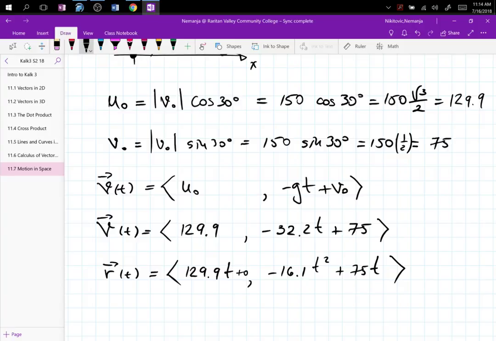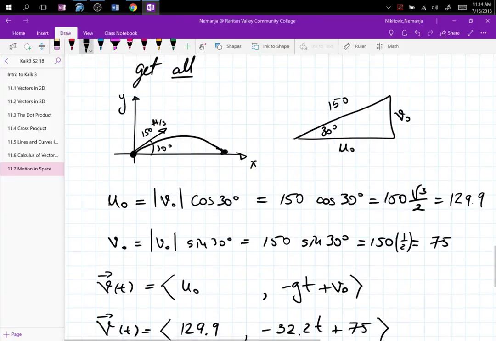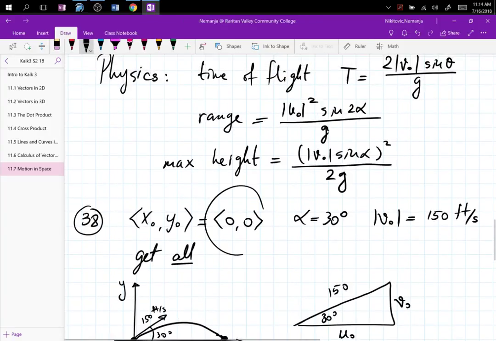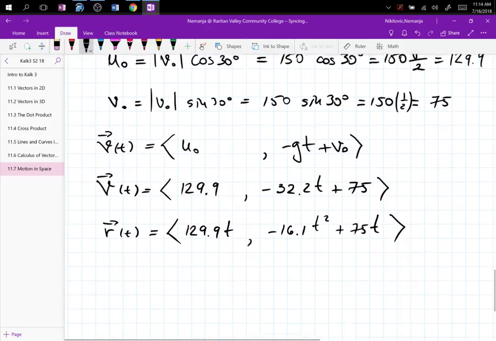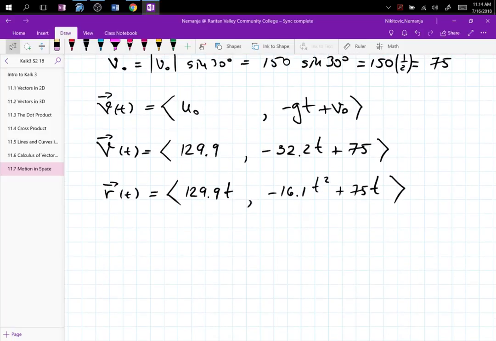Both of these have plus 0. I'm not writing them. These are your plus 0 and plus 0 for initial position on x and y. So now I have my equations, and from here we can figure things out.